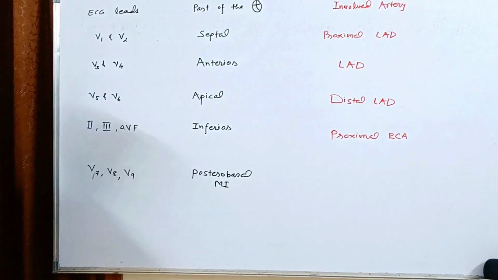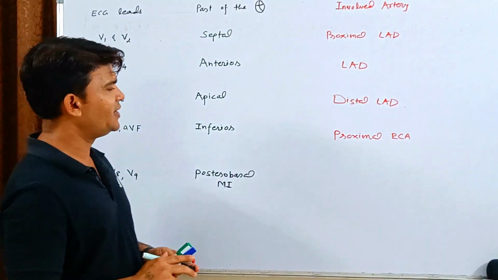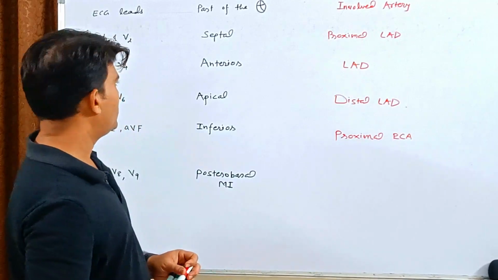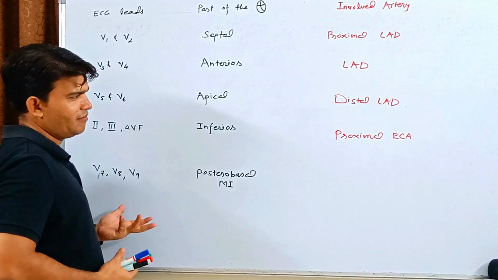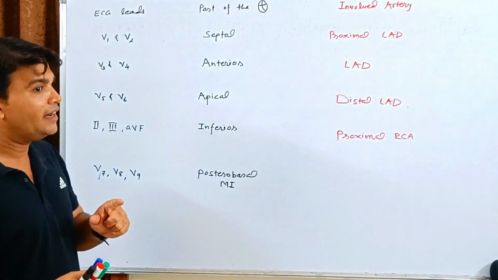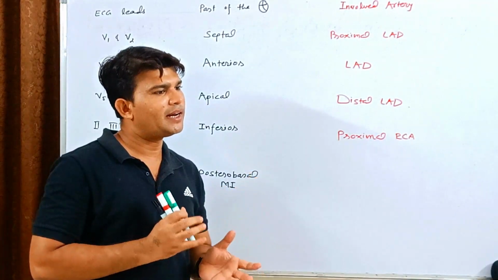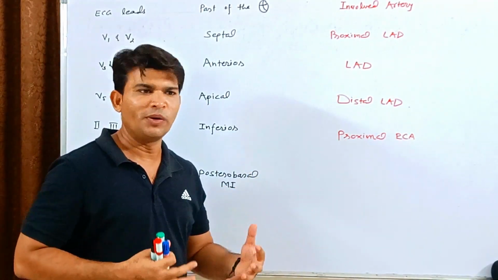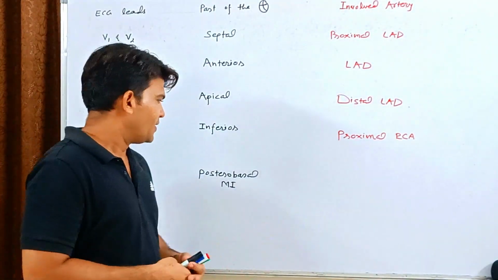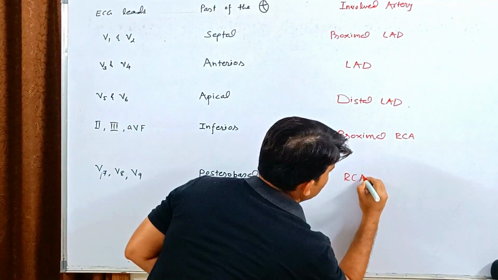And what should be the involved artery? That is not necessarily fixed. Practically, the proximal artery develops more atheromatous plaque, so the involved artery may be RCA, proximal or distal.